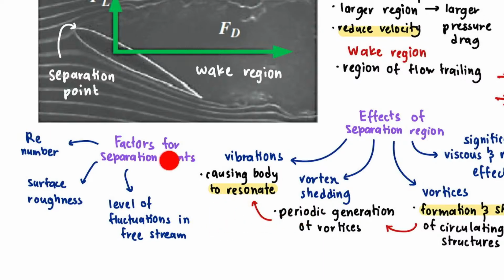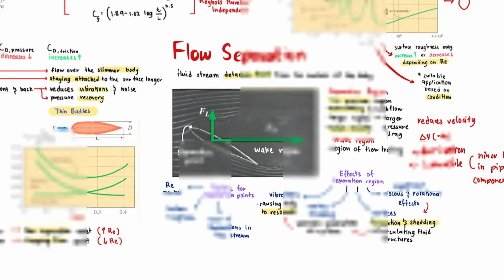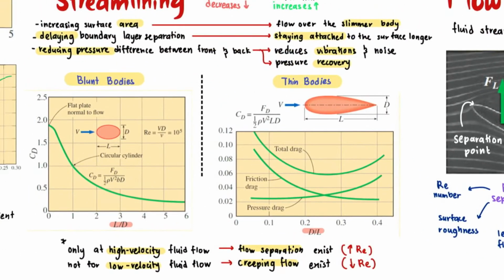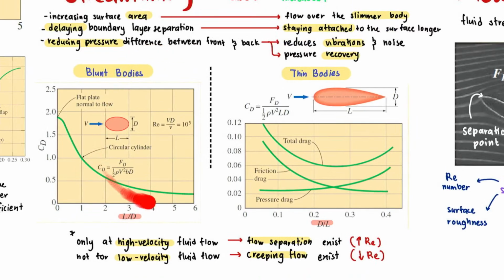Okay, so this one, factors for separation points: Reynolds number, surface roughness, level of fluctuation in the stream. Usually this is all in the textbook. I just want to share what I found that's not in the textbook.